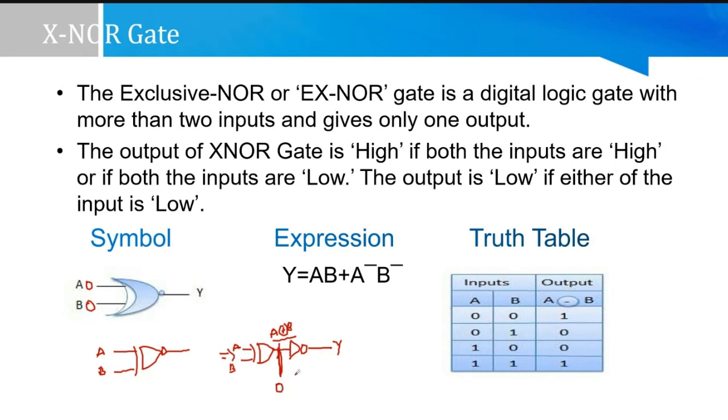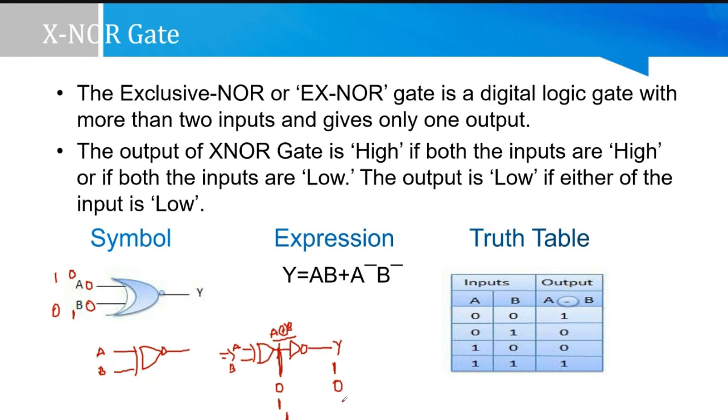Since the inputs are the same, XOR will be 0. When the inputs are different, it will be 1. So when you have the 0 and the 1, for the XOR you will get a 1. For the XNOR, it will be inverted, you will get a 0. Similarly, when it is 1, 0, for the XOR, what is the output? 1, right?